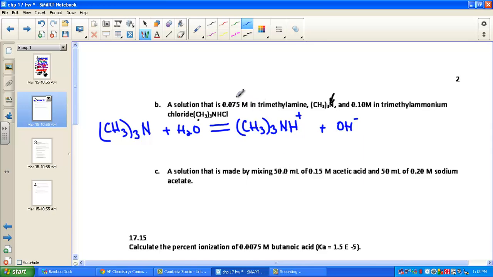The original concentration of our base is 0.075. The value of the hydroxide at equilibrium would be X. And at equilibrium, technically, this is minus X. The concentration of our salt is 0.1 molar plus X.